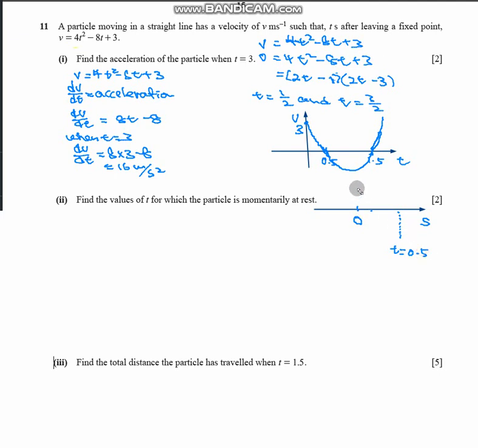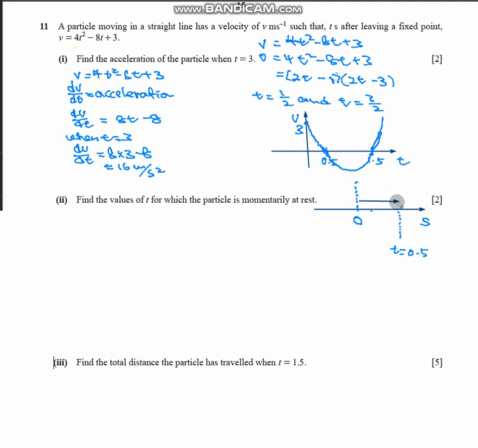That means the particle was moving in this direction, in a positive direction, from here all the way until t equal to 0.5. In this direction the velocity is positive, as we have explained earlier. Now, after t more than 0.5, the velocity becomes negative.